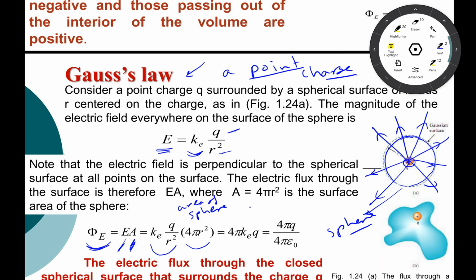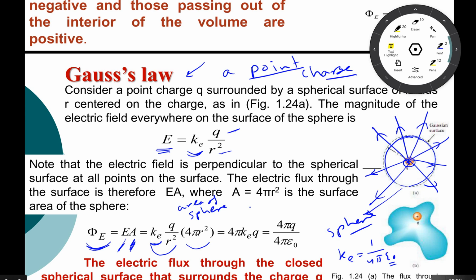And at the end, if you substitute the value of the electrical constant, if you look at the first lecture, the electrical constant is actually 1 over 4 pi epsilon 0.